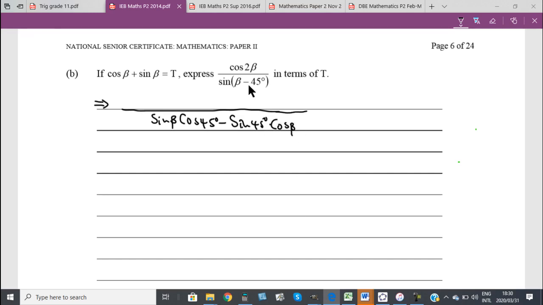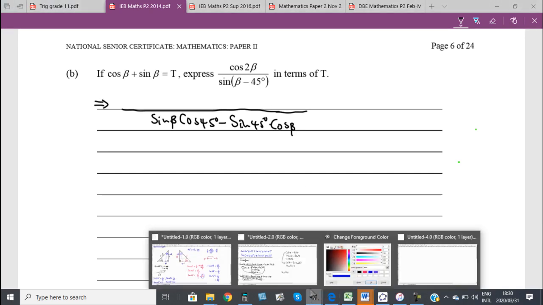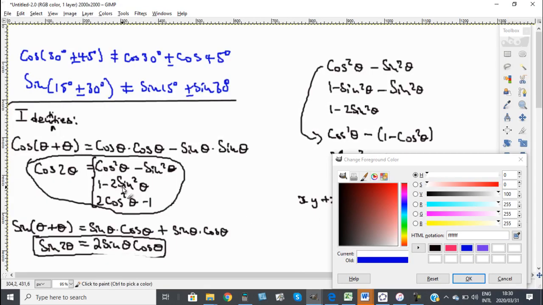Okay, now cos 2 beta, remember from what we did here, you basically have three identities to choose from in terms of cos 2 beta, but you need to be careful how you choose. You need to choose something that will somehow help you get to where you want.